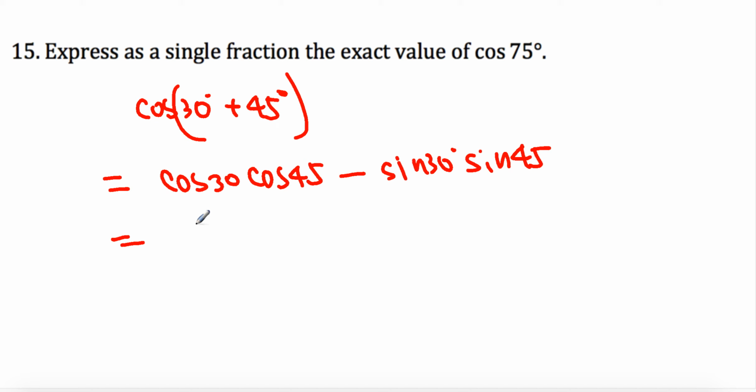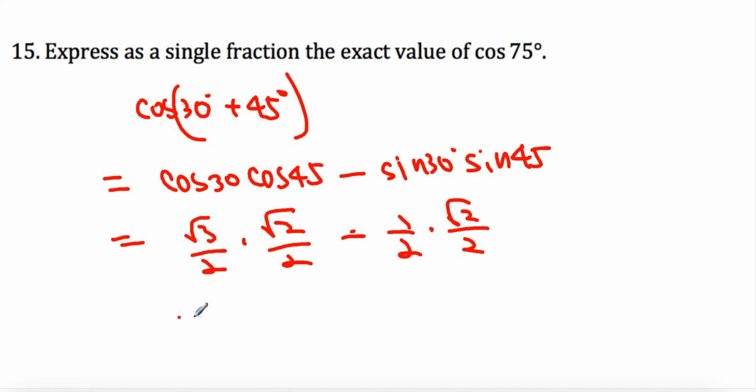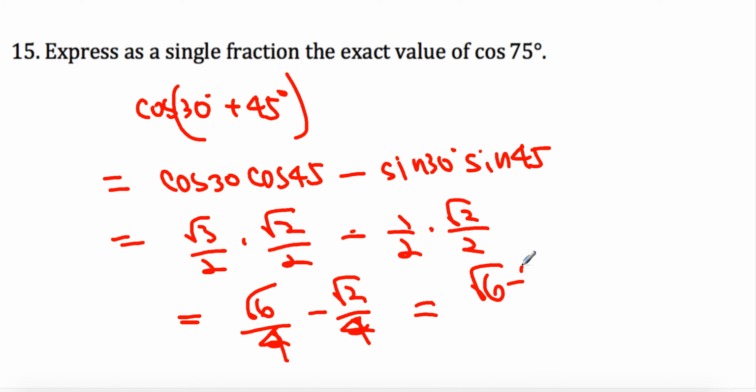Cosine of 30 is equal to radical 3 over 2 times radical 2 over 2, and then here minus 1/2 times radical 2 over 2. Then we get square root of 6 over 4 minus radical 2 over 4. Denominators are 4, which is equal to radical 6 minus radical 2 over 4. That becomes our final answer.